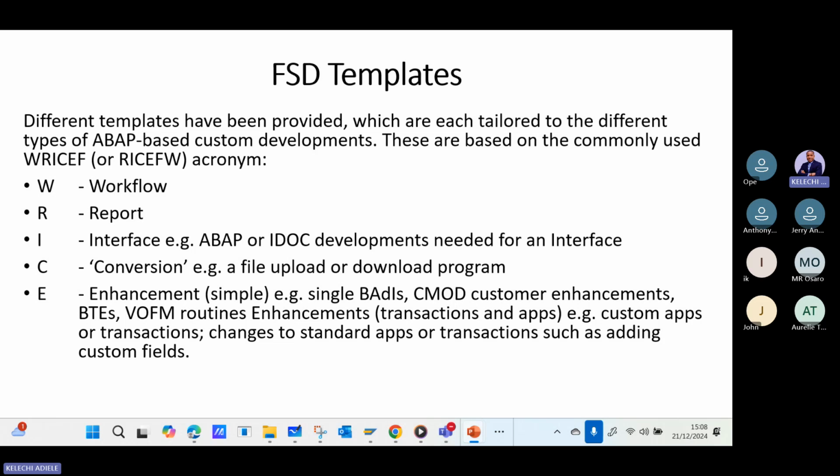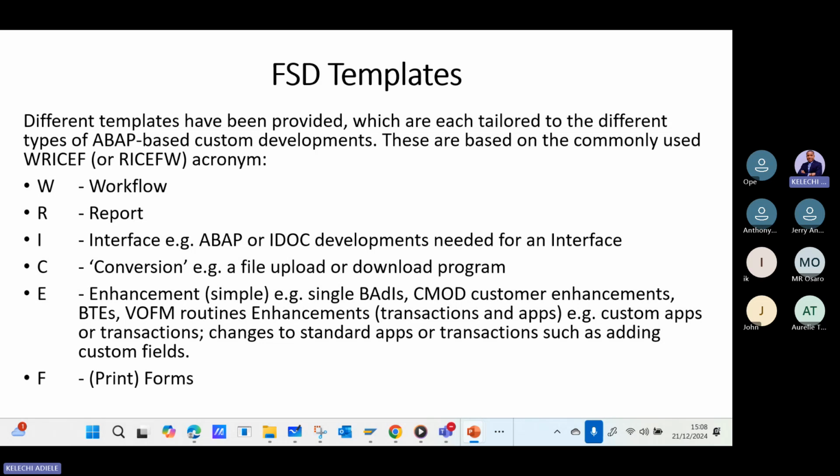You can have an invoice in the system, but the users say they need a column to track, let's say, VAT numbers or withholding tax numbers, just to track something extra. So you have to do some enhancements.